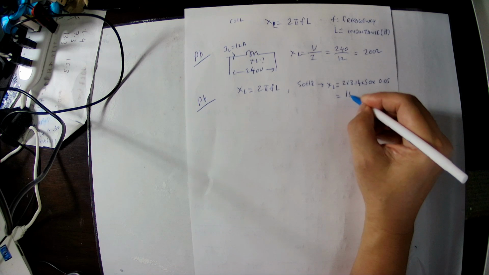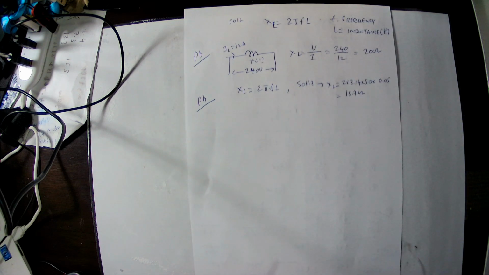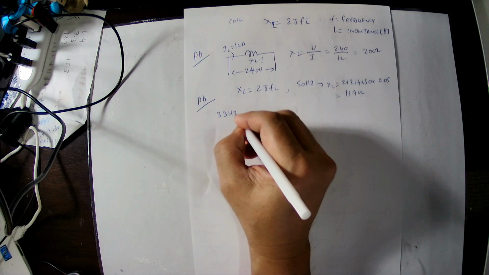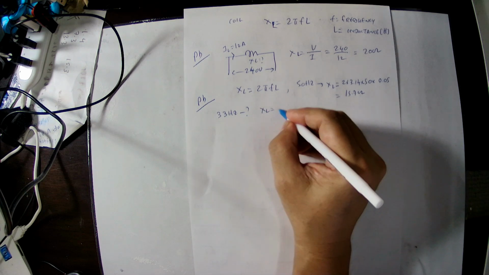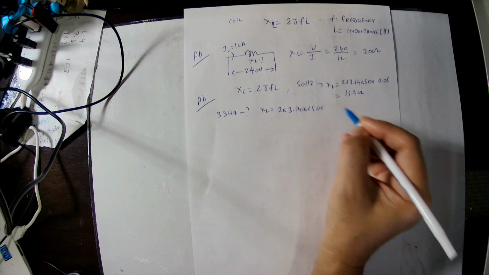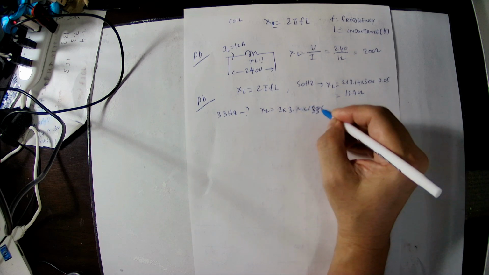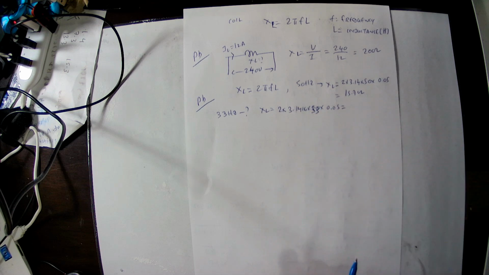And if the frequency is 33 hertz, XL can also be calculated: 2 into 3.1416 into 33, multiply 0.05. That will be 10.40.